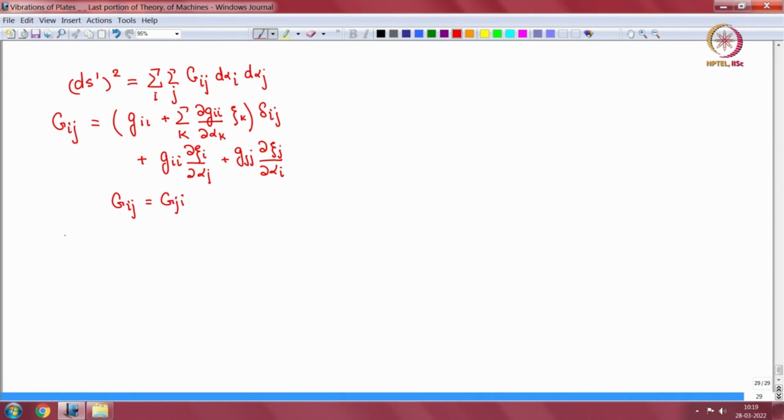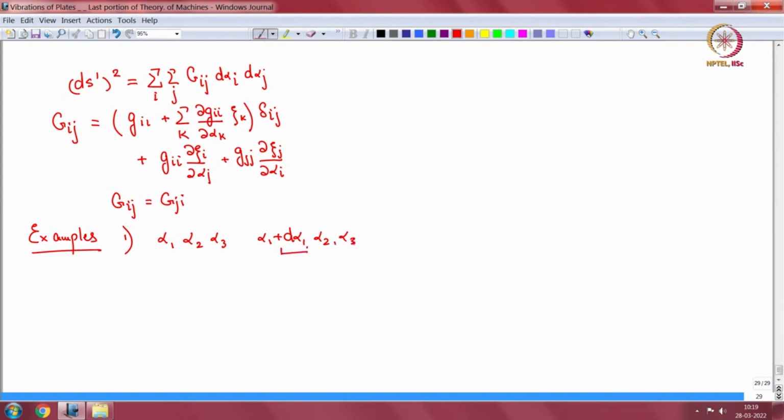If we have 2 points, for example, let's say one point is at alpha 1, alpha 2, alpha 3, the other point is at alpha 1 plus d alpha 1, alpha 2 and alpha 3.